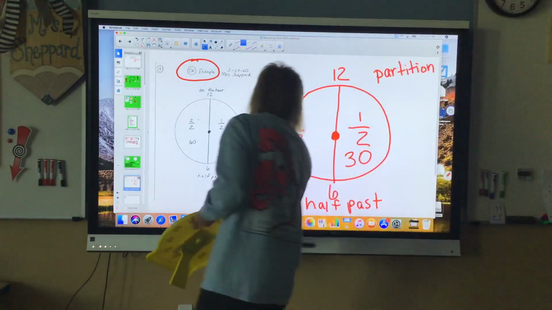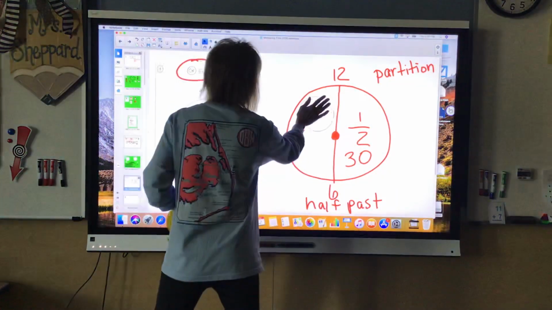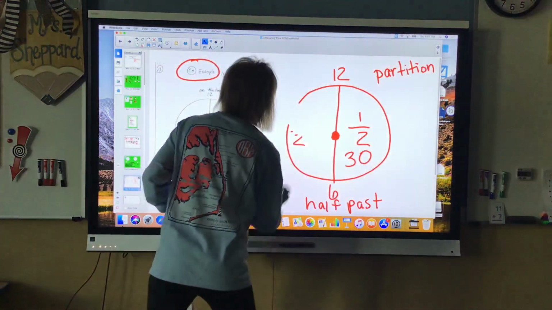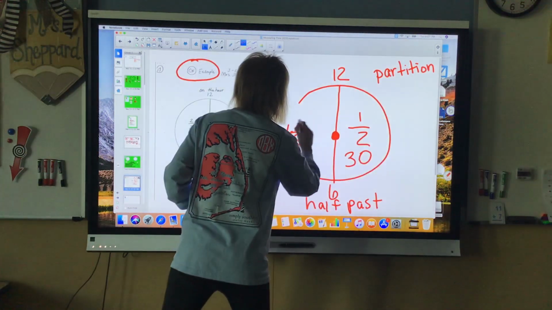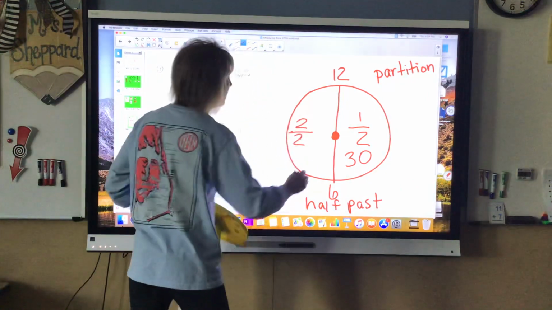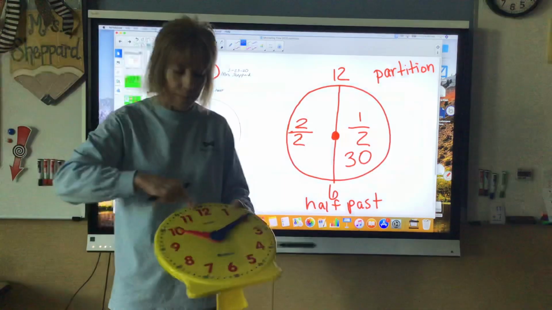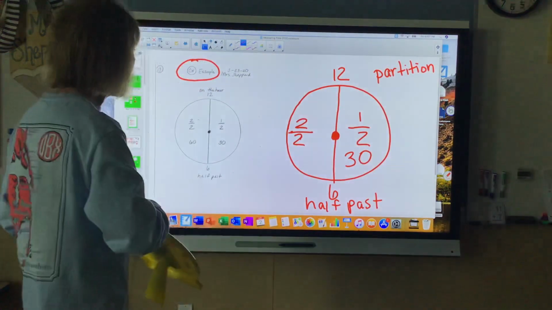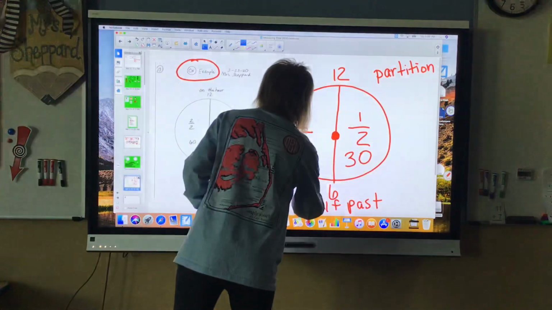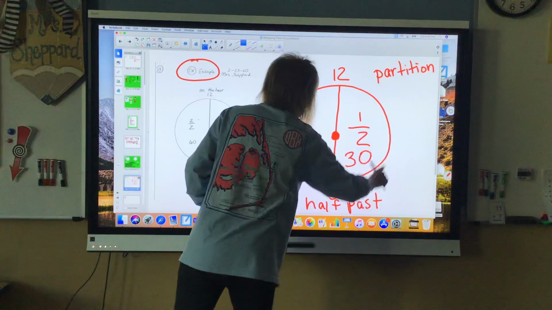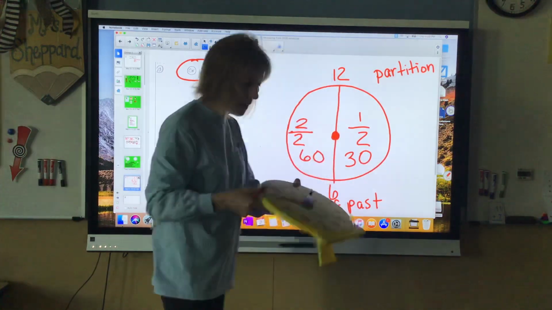Now I'm going to change this, even though this is 1/2, on my clock, I'm going to change that to 2 halves, which means if I go all the way with my minute hand around to my 12, then I have traveled 60 minutes around that clock.